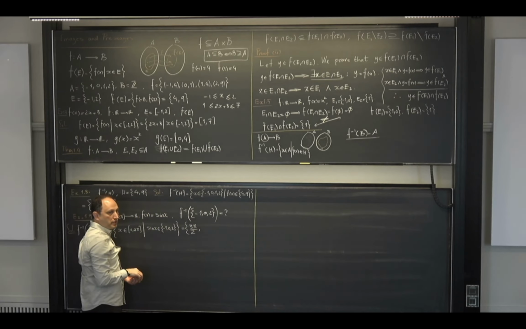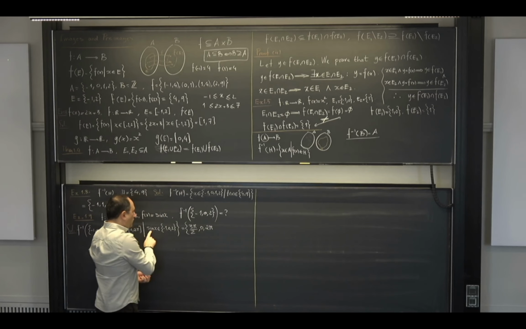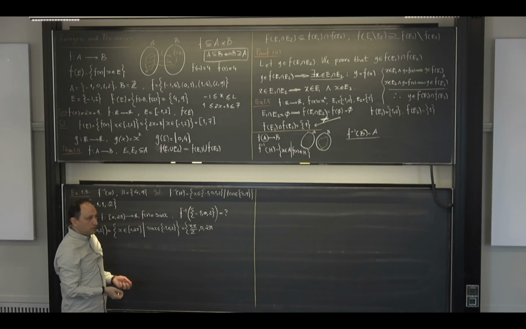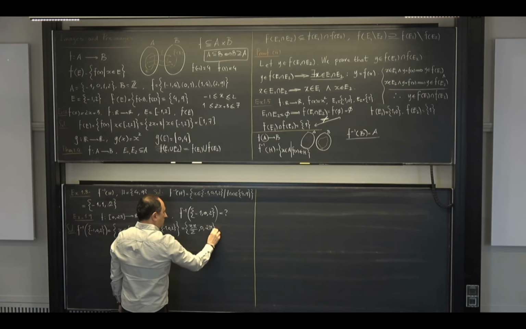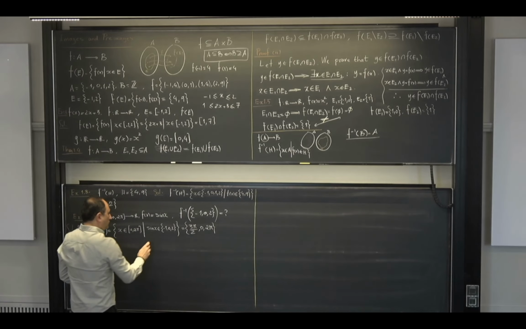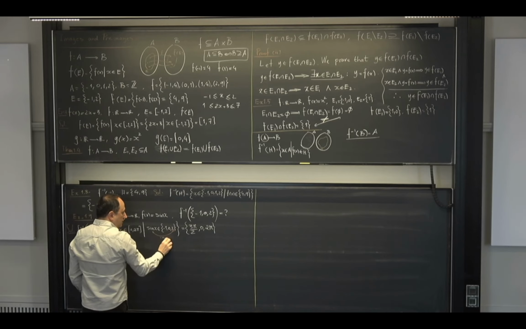How many choices I have? 2. 0, and 2 pi. I will add them here. And then I want to make sine x equals to 2, which is impossible. So it means that I end here. Yes? So this is impossible. But it doesn't matter. I have it still here.